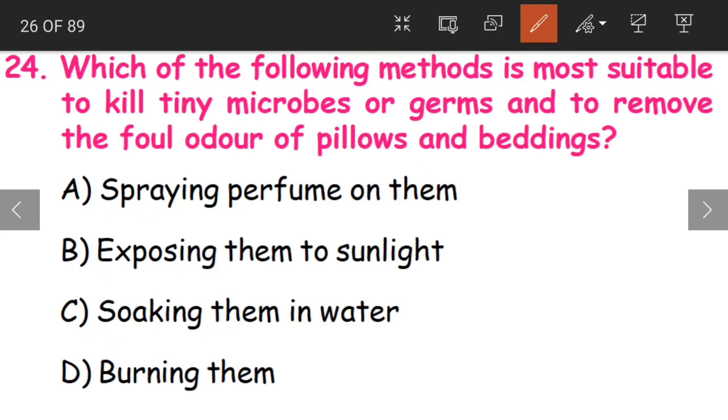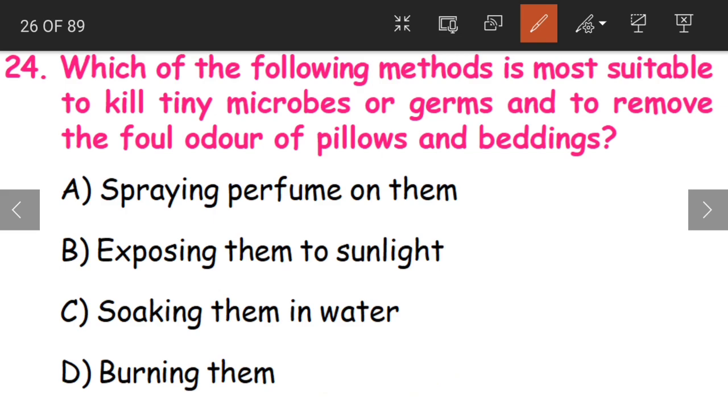Now, the 24th question. Which of the following methods is most suitable to kill tiny microbes or germs and to remove the foul odour of pillows and beddings? Odour is nothing but the smell, children.